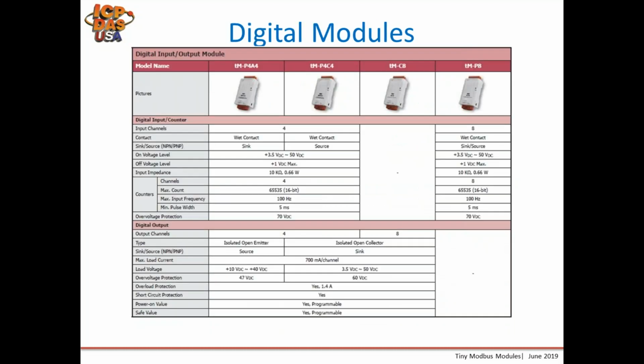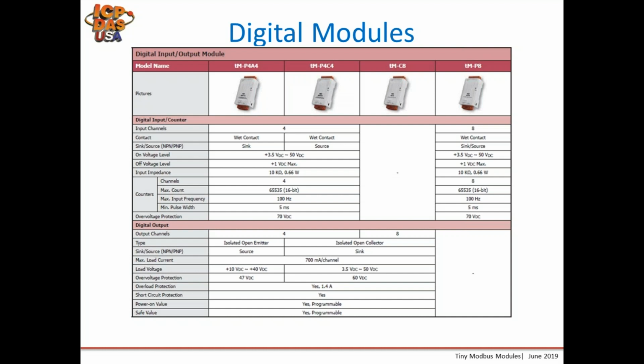Here's I/O information for our digital modules. Note that we have different modules for different types of inputs. Our default is wet contact, which means they can be sinking or sourcing, so be careful on that. Note the DC voltage limit on the digital inputs, and the maximum counter is 16 bits in these modules.